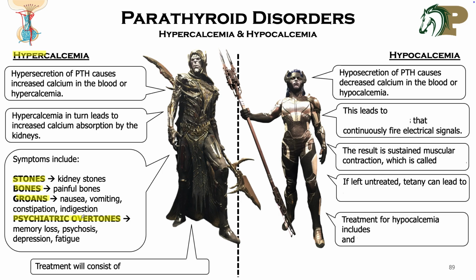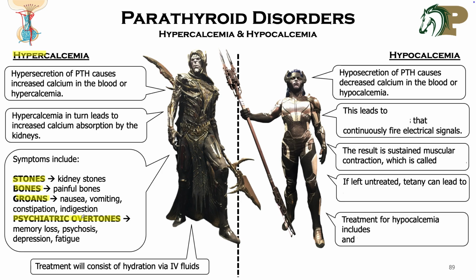Okay? So stones, bones, groans, psychiatric overtones. Treatment, hydration via IV fluids. If you have too much calcium in the system, you essentially drown everything out. Okay, so you just hydrate them, and that will bring the calcium levels down.